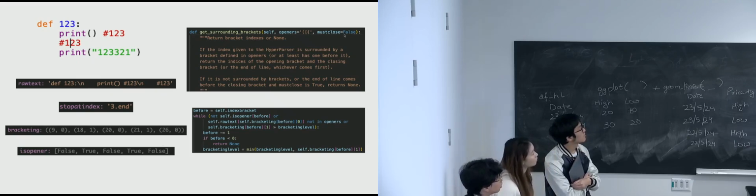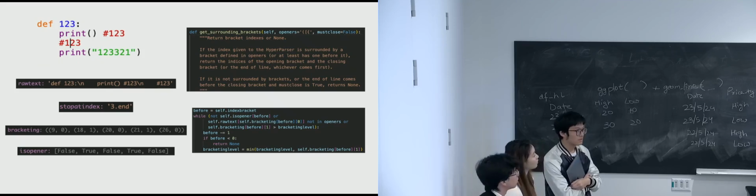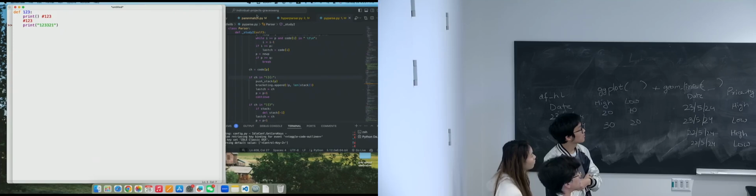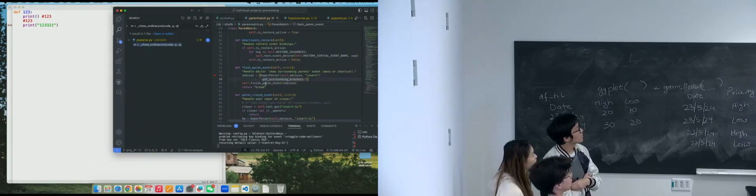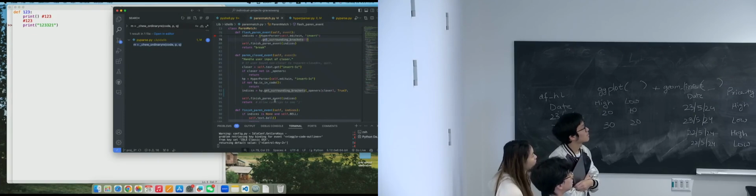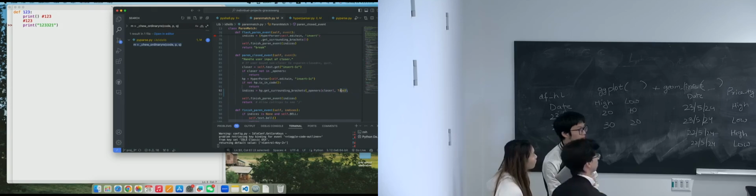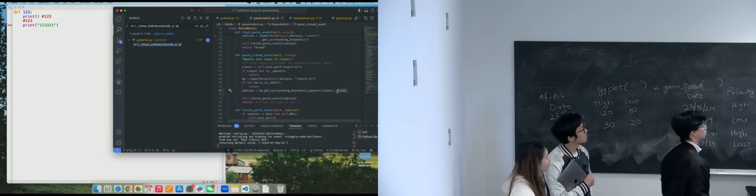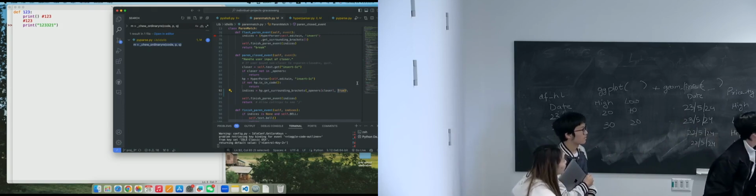This? Oh, it works with, so, must close is false when we call the get surrounding brackets. And then there's one more function in the code that is not related to the function that we talked about, but you can see here, you call it and pass true.